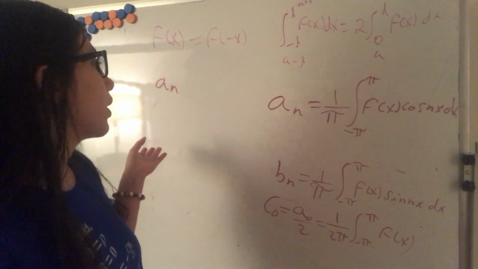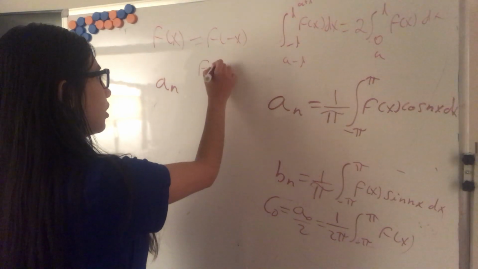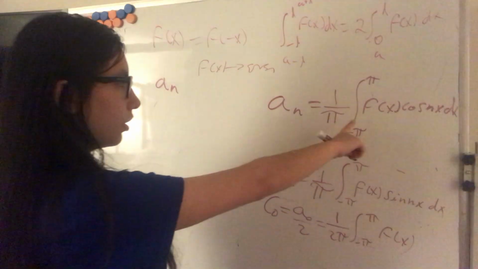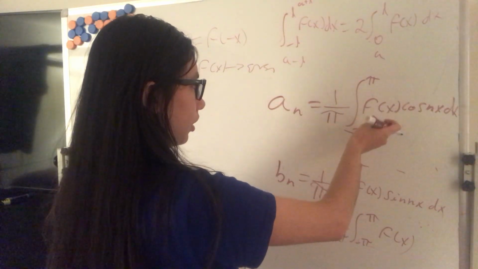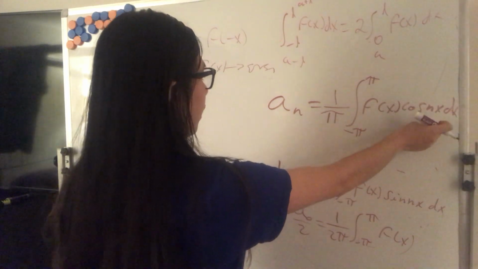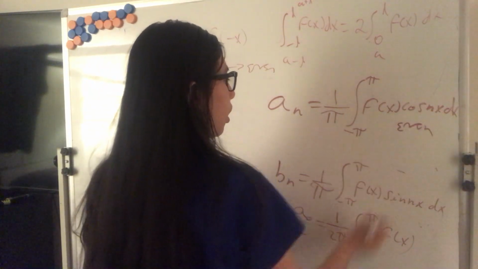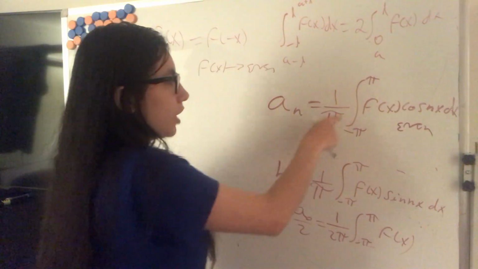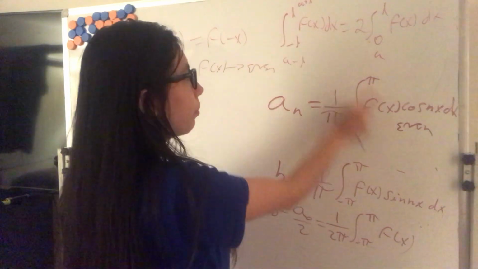Alright, so if f of x is an even function, then an even function times an even function is an even function. So I have a sub n is whatever this is times a definite integral from minus L to L of an even function.